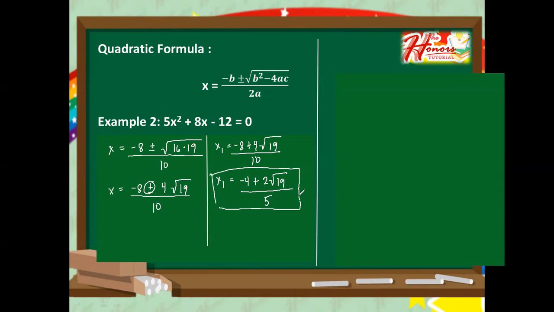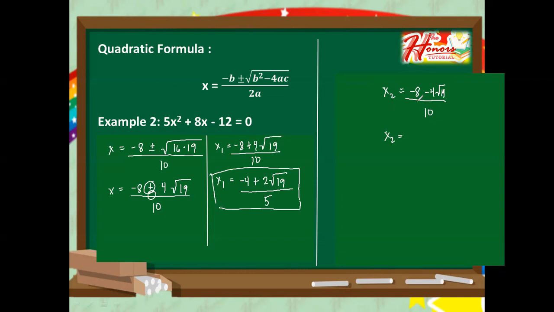Let's have another. Let's have x sub 2. So for x sub 2, let's use the negative sign now. This one. So we have here negative 8 minus 4 square root of 19 over 10. So x sub 2 equals, think of a number again that can divide negative 8 and 10 at the same time without remainder.